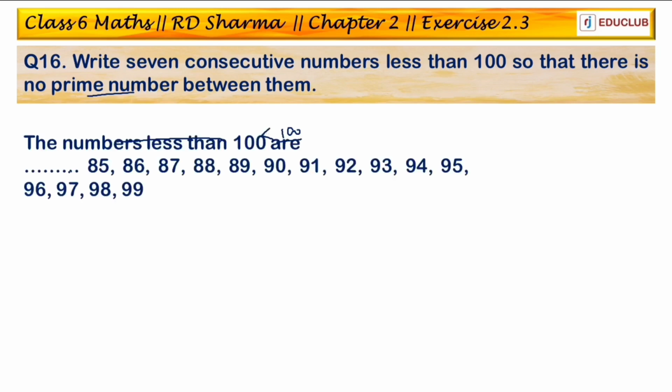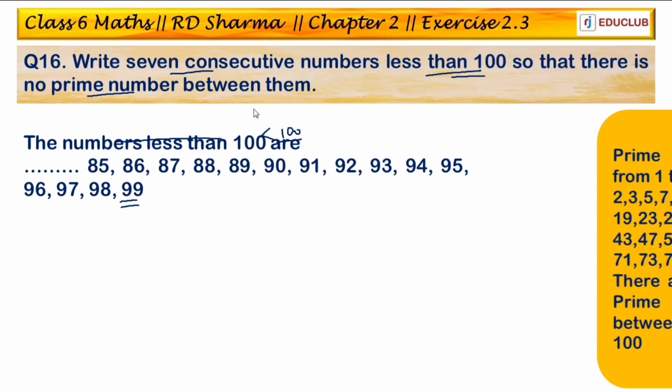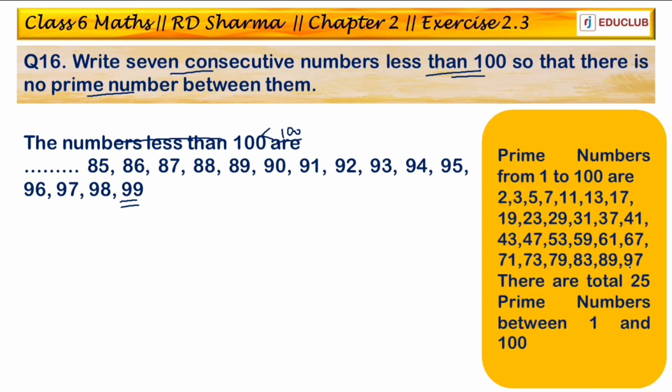We can go from any number from 80 to 99, because we have to find numbers less than 100, so we can see up to 99 only. Among the primes, first 97 is there, so continuous 7 numbers will not be there when 97 is there. So we will ignore these.